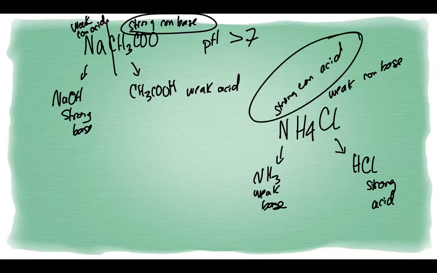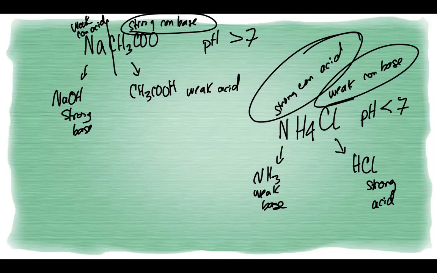As a strong conjugate acid plus a weak conjugate base, the pH will be less than 7. What happens, because ammonium is a strong conjugate acid, it has enough strength to donate a proton when it's dissolved in water. So if it donates a proton to water, it forms hydronium, which drives the pH down.